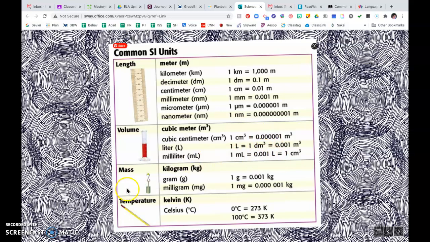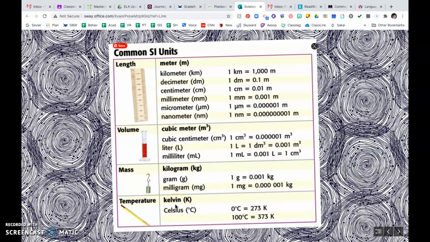To measure mass, we use the unit of gram in the SI units. And that goes into milligrams and kilograms and centigrams. I mean, it just keeps going like all of these up here do. But they're just showing you the short version here. And then for temperature, we normally use Fahrenheit, but in science, you use either Celsius, so degrees Celsius, or Kelvin.